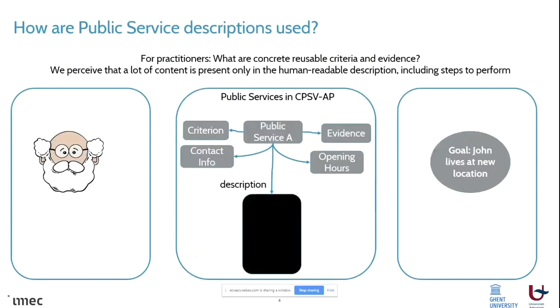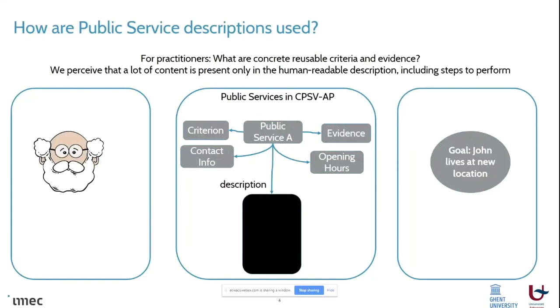So how is it actually used nowadays? For public services, we have the application profile, the Core Public Service application profile, which can be used to describe public services in an interoperable way. It already provides a lot of added value because we can already, in a machine understandable way, provide contact information, opening hours, and other kinds of meta information.